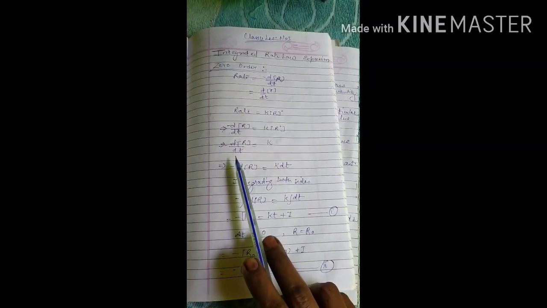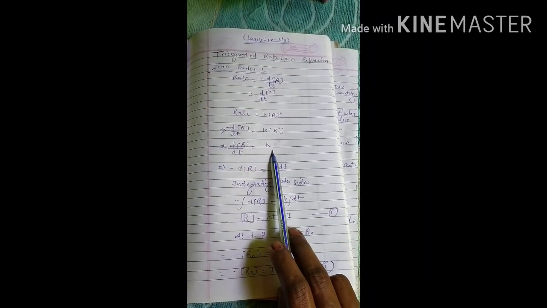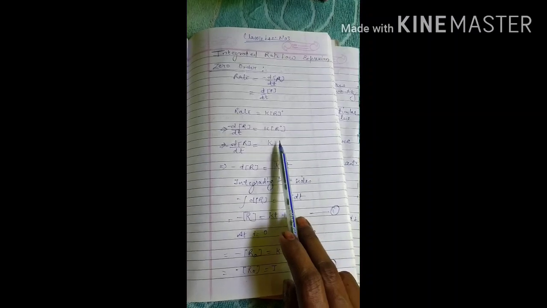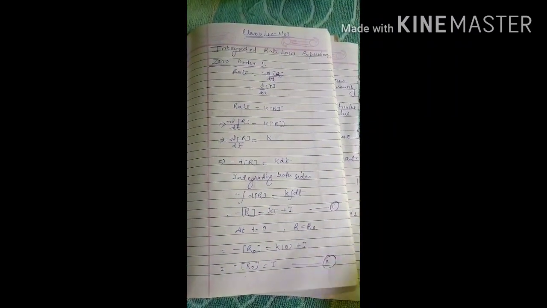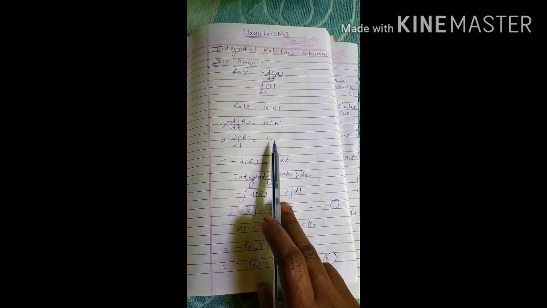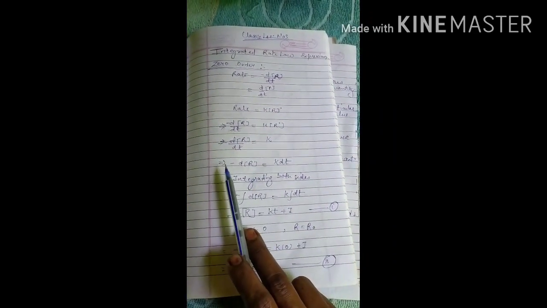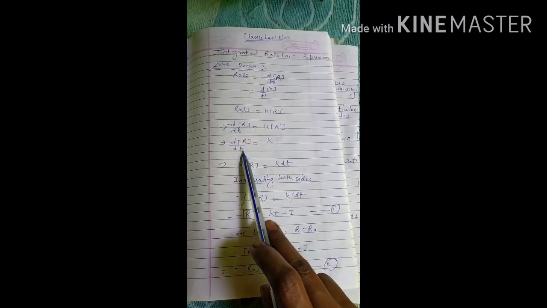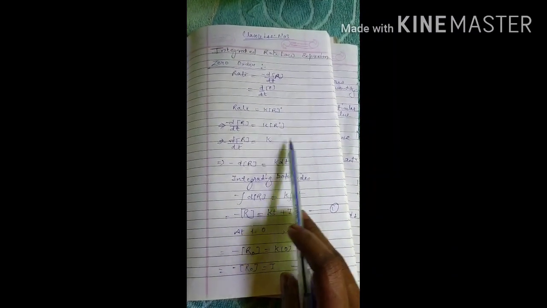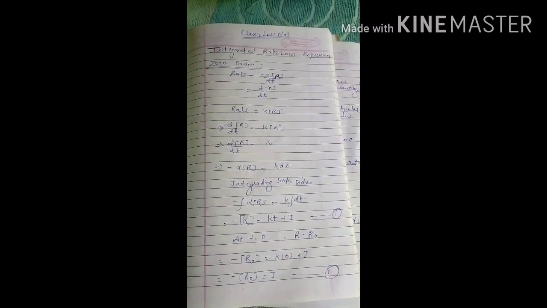Thus K is independent of the concentration of R, where R is the reactant. Finally, we have written it this way. Now, minus dR equals K of dt; this dt is moved to that side.